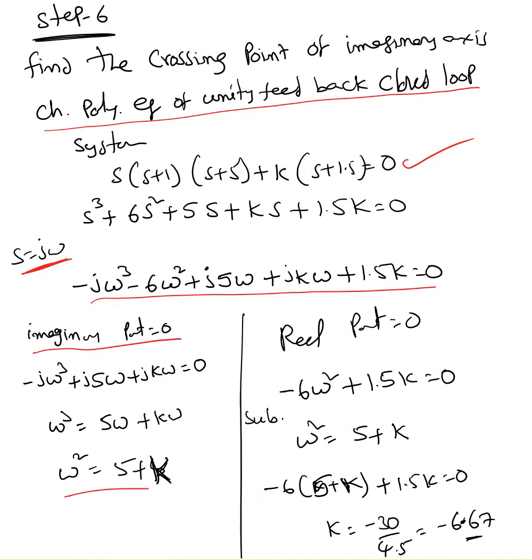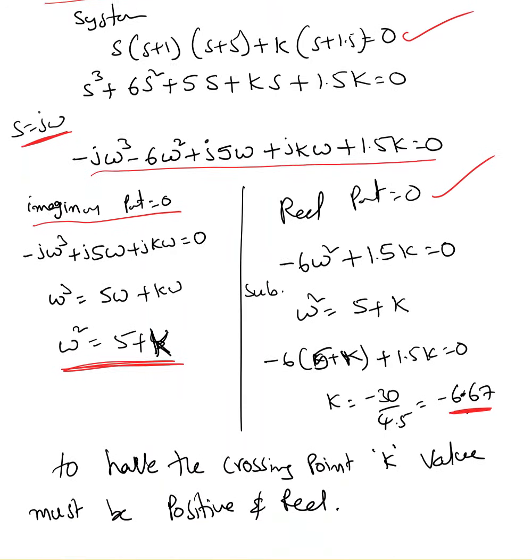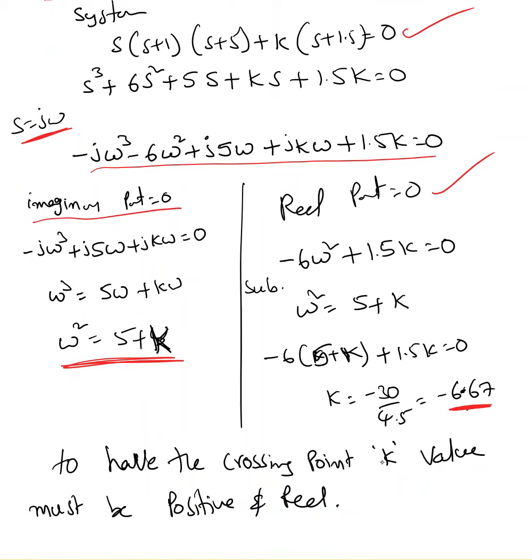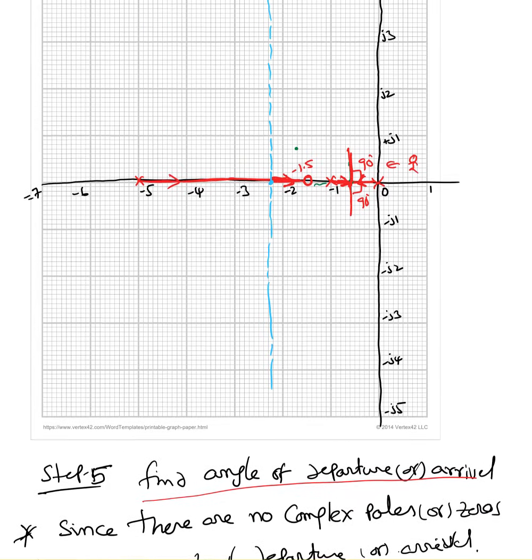When I put the imaginary part equal to 0, I end up with omega squared equal to 5 plus k. And with the real part equal to 0, I end up with a k value of minus 6.67. To have a crossing point, the k value must be a positive and real number. Here it's not a positive number, which indicates that it is not crossing the imaginary axis.